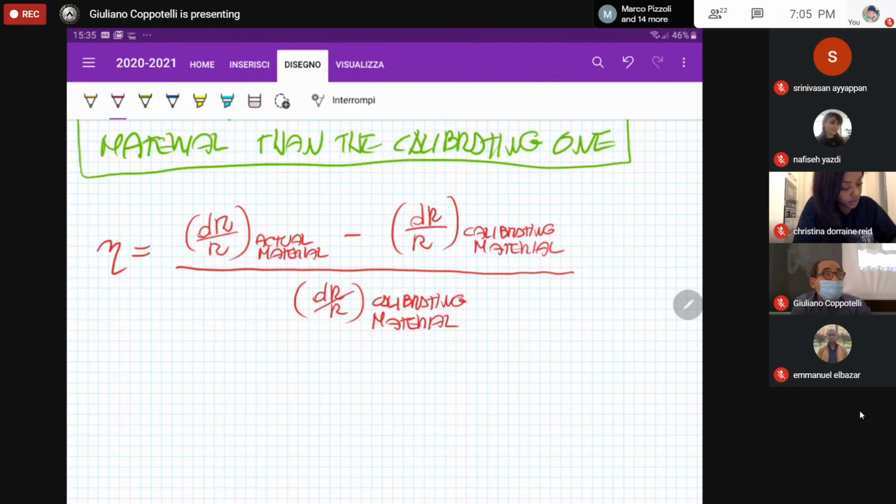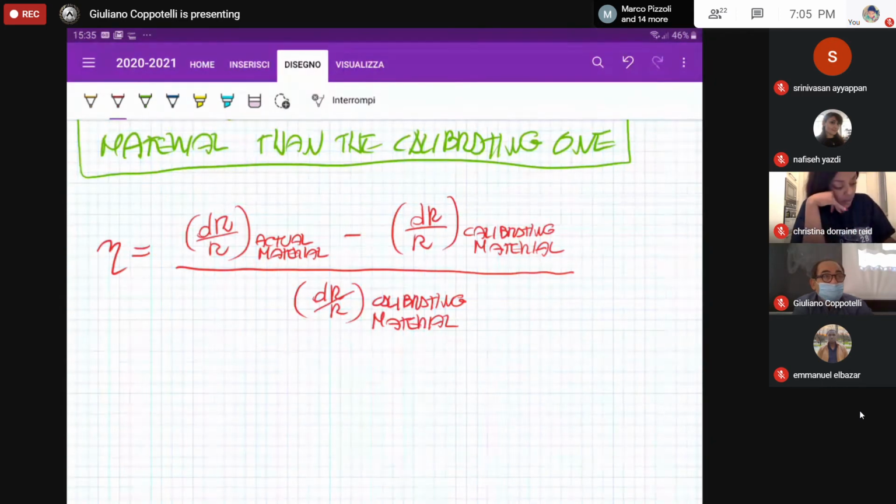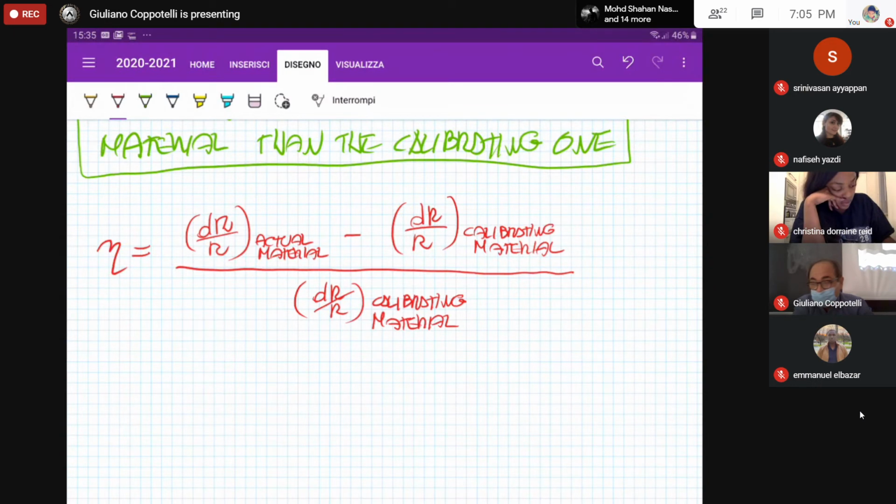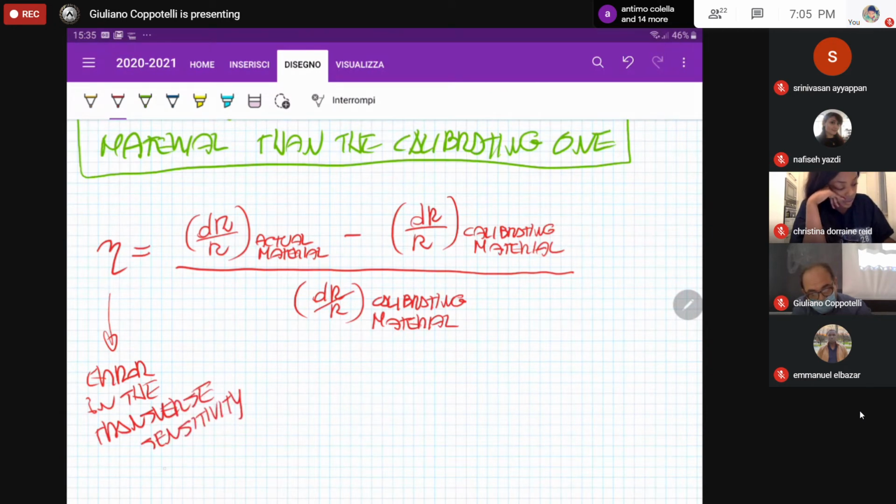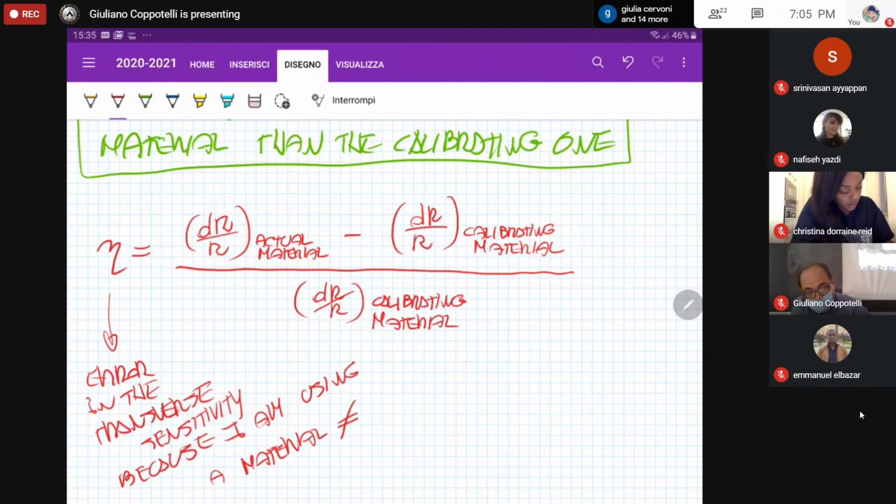So the task now is to find a useful equation that is giving me the information on this eta, so this error in the transfer sensitivity because I am using a material different from the calibrating.